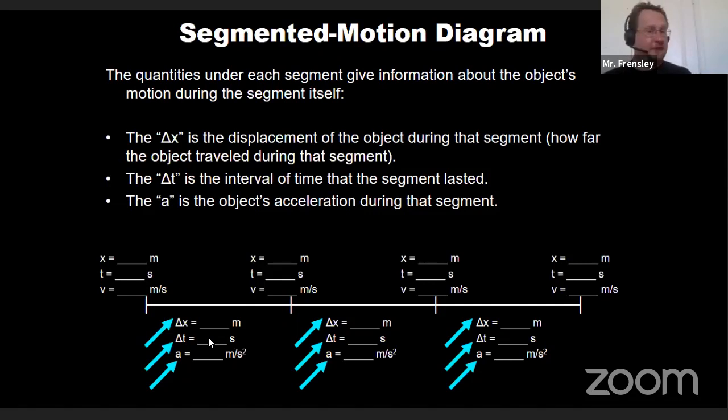Same with delta T: how much time did this segment last? If the final time says 10 seconds on the clock and the initial time says 8 seconds, I have no idea why you would start your clock at 8 seconds, but whatever, then the delta T would be 2 seconds. Also note that the acceleration takes place during the segment. So acceleration takes place during a segment, but you start and end a segment with a specific velocity.